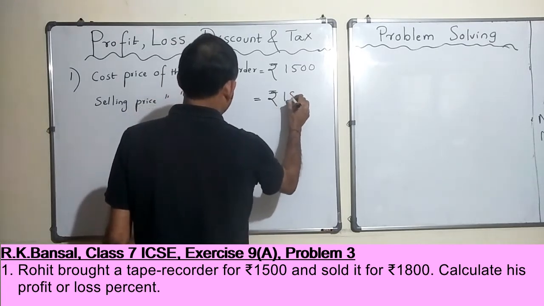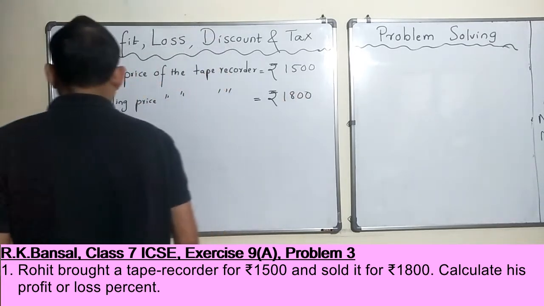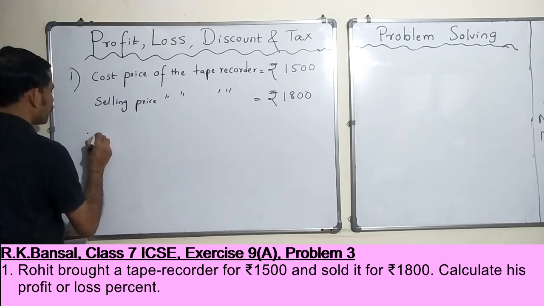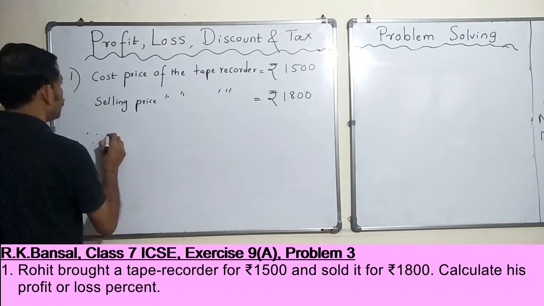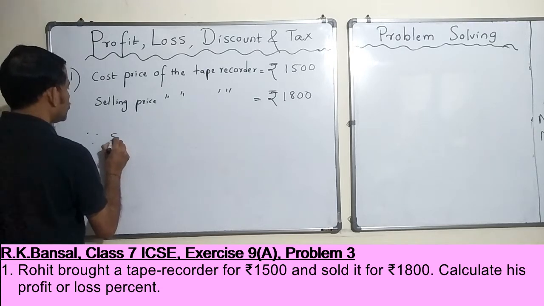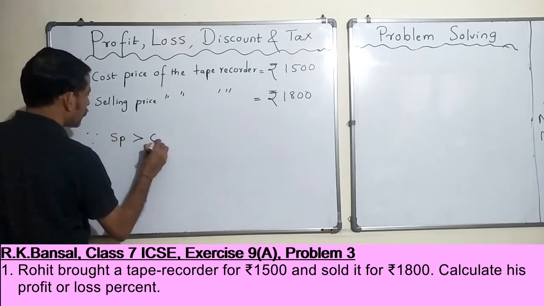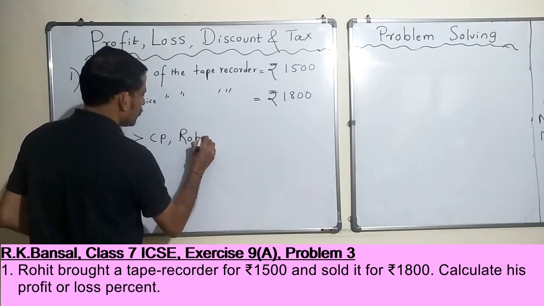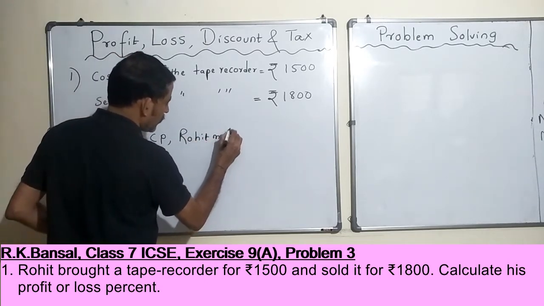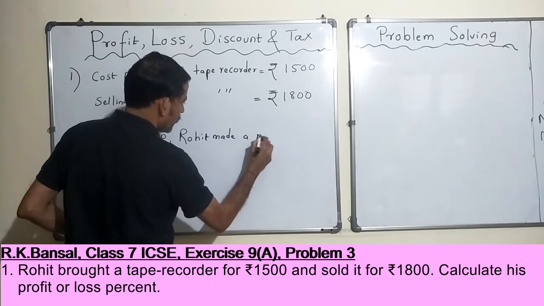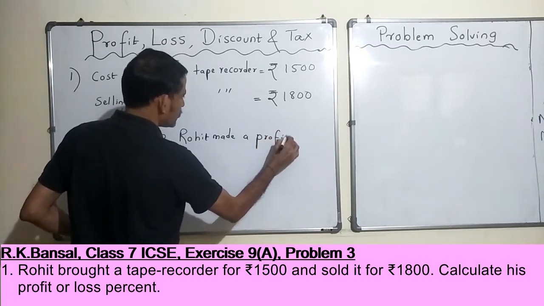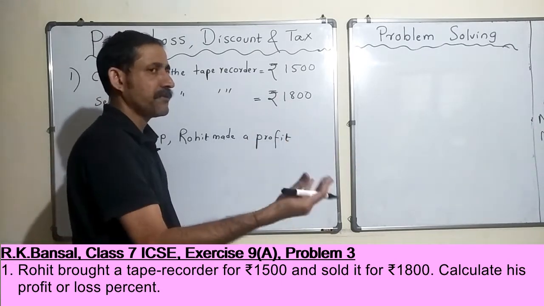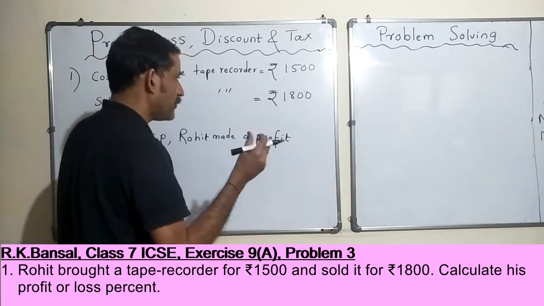Now since selling price is greater than cost price, Rohit made a profit. You are selling it at 1800 and you bought it for 1500, so definitely it's a profitable scenario.